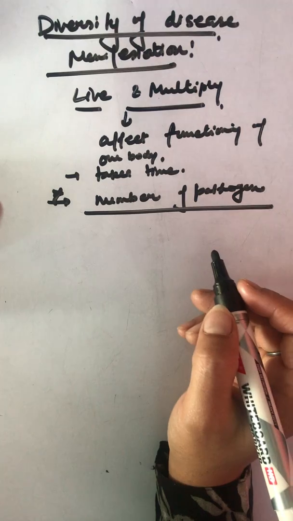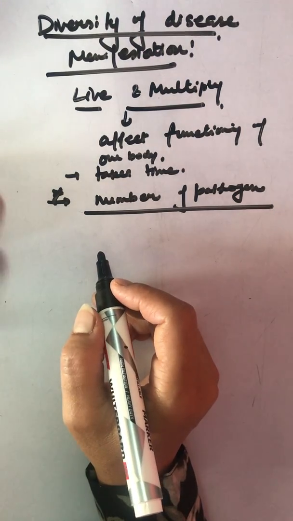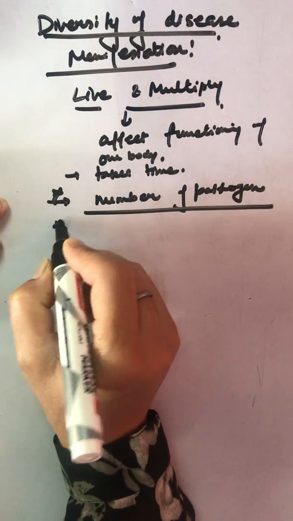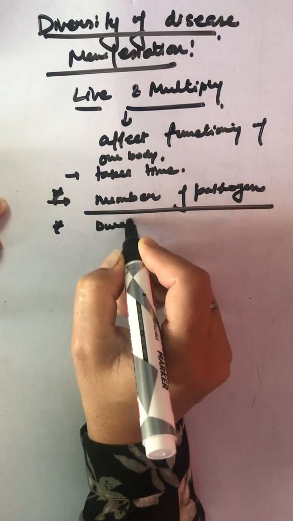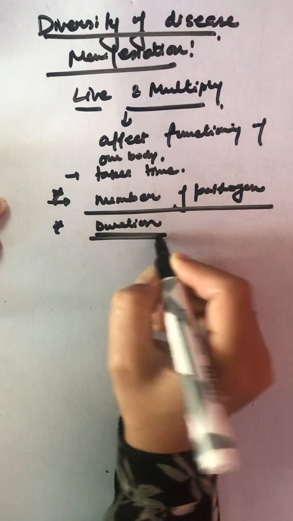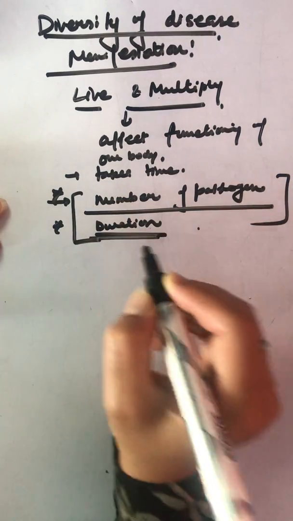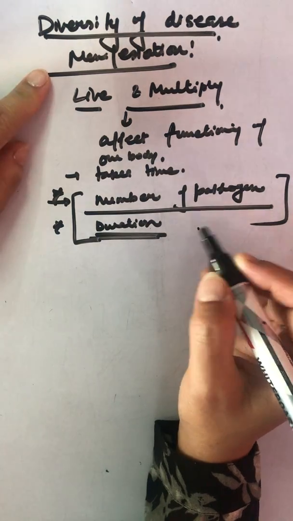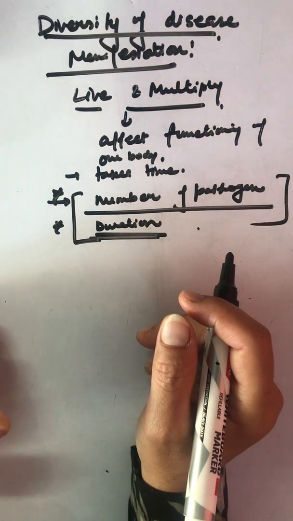It cannot be prolonged. So our immune system may easily overcome a small number of pathogens. So the number of pathogens and the duration, as long as the disease is in our body, these two will automatically affect the duration and prolongation of the disease manifestation.